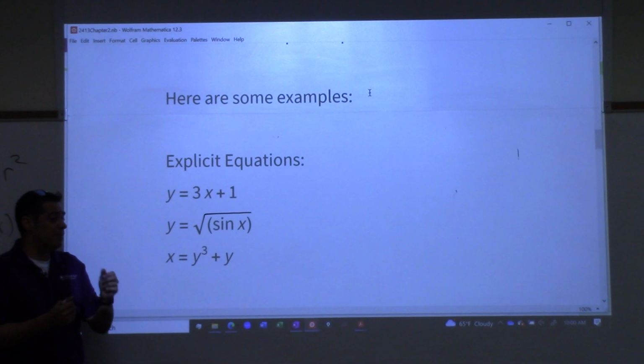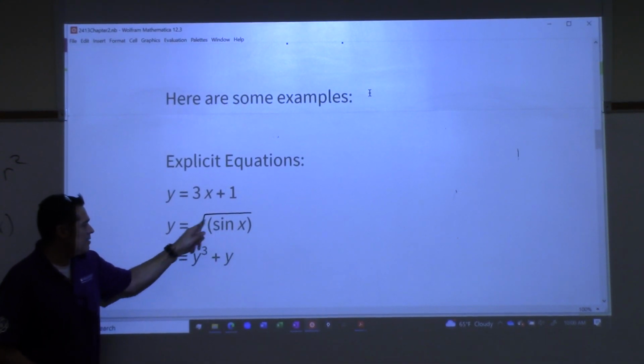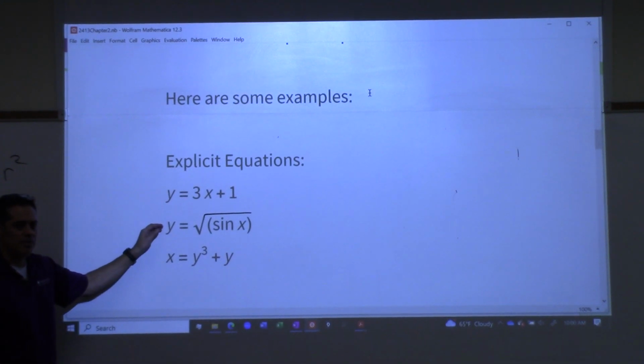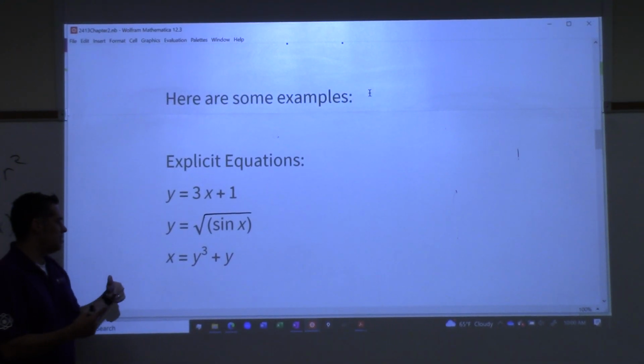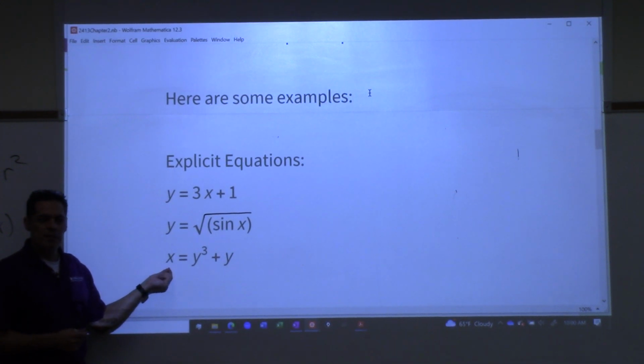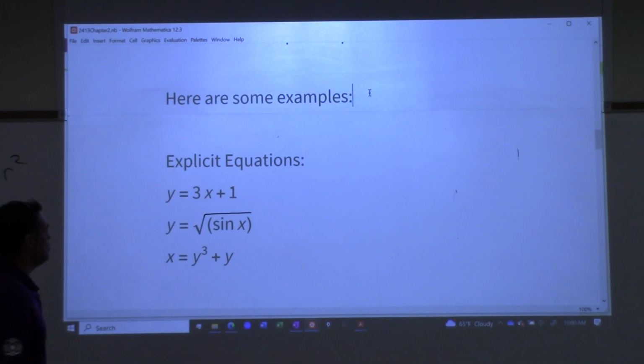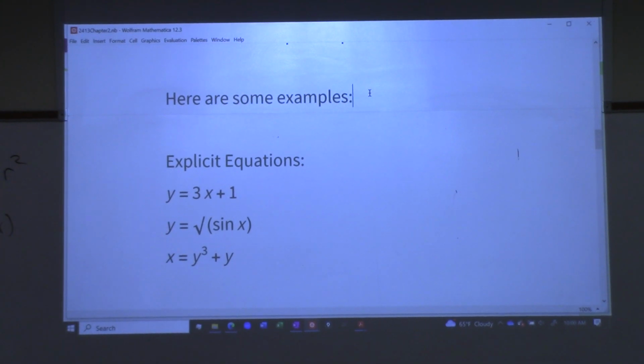As long as you know x, you're going to know y. Here, same thing: give me x, I'll take the sine or the square root, and that'll give me an answer. Here, it's a little reversed: if you give me y, I can give you x. So these are all explicit equations. And finding the derivatives of those is not a problem, because it's what we've been doing. Now some implicit equations.